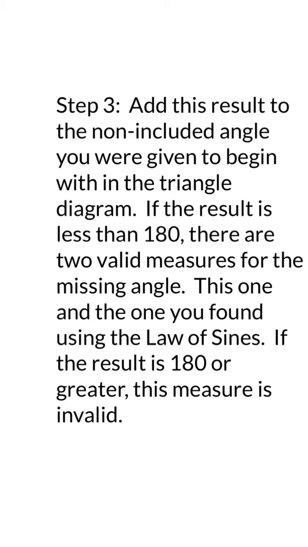But two angles of a triangle must have measures that sum to less than 180 degrees for the triangle to exist. Because we get 204.4, this tells us that 156.4 degrees is not a valid measure for angle A. So the only possible measure for angle A is 23.6 degrees.